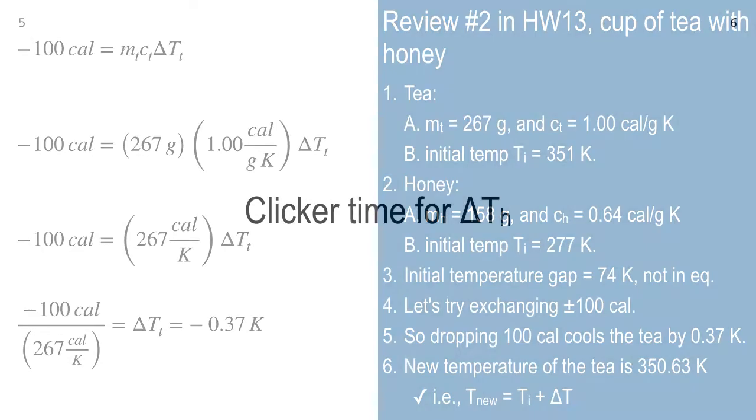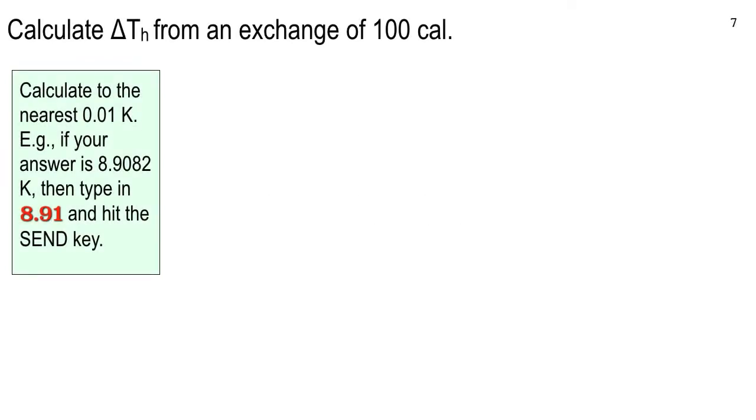Now we're going to do the same for delta T subscript H for honey, and you're going to do it on your own. This is the same kind of calculation, but using honey and using plus 100 calories, right? Because the honey warms up. So here we go.